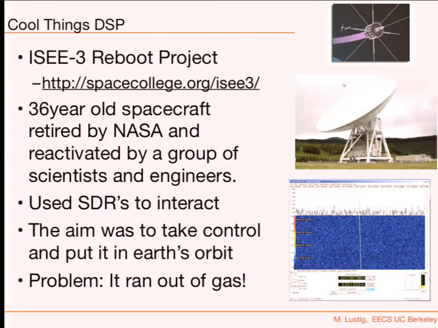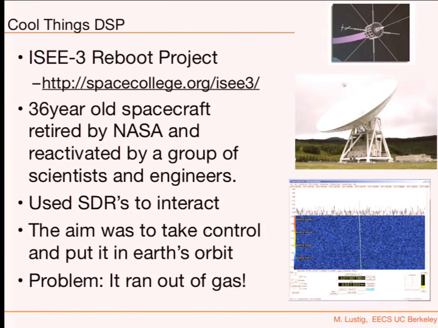Then it was getting closer to Earth, and some enthusiasts, scientists as well as engineers, decided, hey, NASA is willing to give us the ability to control the spaceship, although they kind of lost all the documentation of how to do this. But then they dug into it and actually found some documentation.